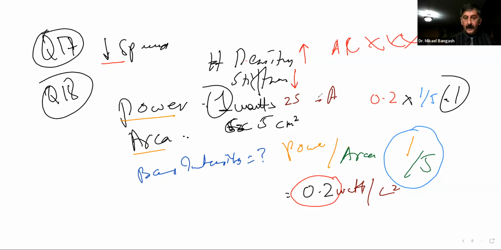Option B says 1 watt per 1 square centimeter, or 5 watts by 5 square centimeters, which comes out to 1 watt per centimeter squared. Option D could not be the answer because they didn't ask about the power, but the intensity.